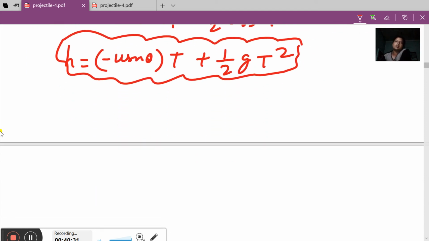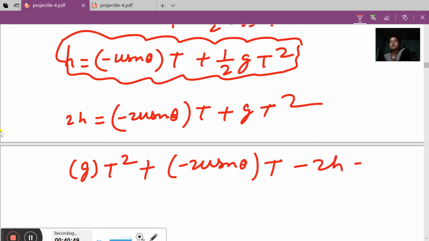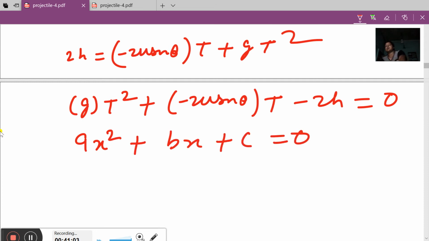How? Take LCM: 2h equals minus 2u sin theta into t plus g t square. So g t square minus 2u sin theta into t minus 2h equals 0. This is a standard equation, ax square plus bx plus c equals 0. We can solve.